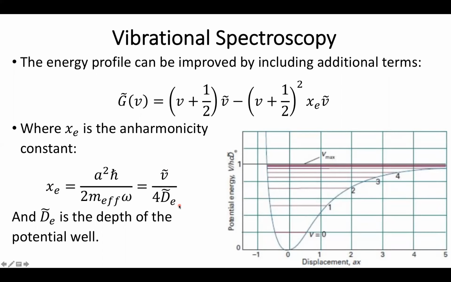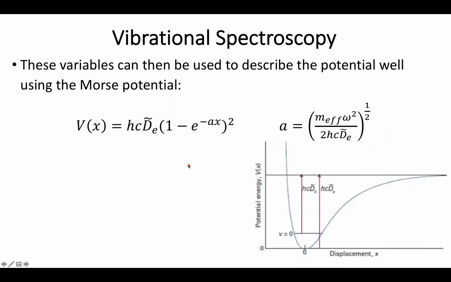which actually brings us to a last important feature, which is in order to truly understand this system as a whole, I really need to go back to my full Morse potential. So this is the potential form we use to describe the entire well. So this will give us a lot of information about the stability and how much movement the system has.